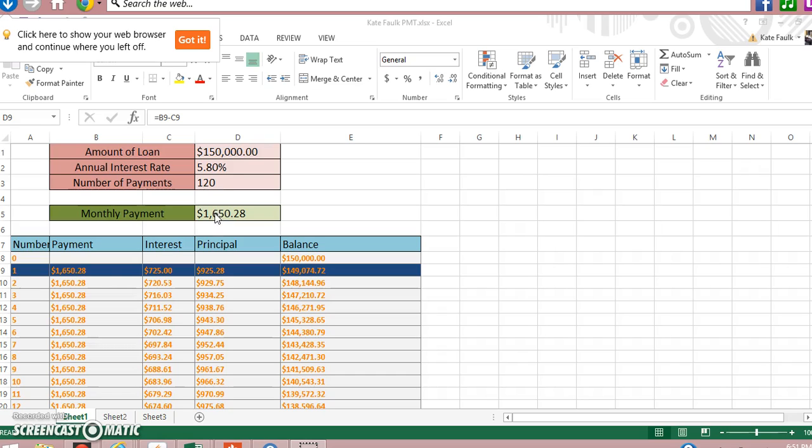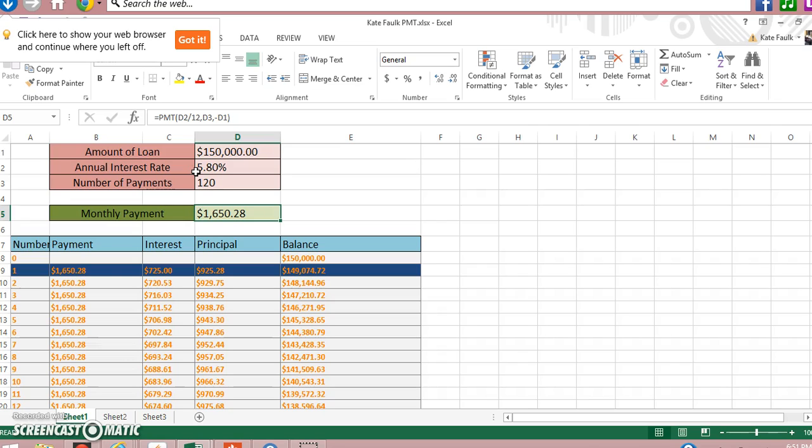To get my monthly payment, whenever I click on it, it'll show you that I used the PMT equation. The PMT equation uses the rate, which is the annual interest rate, and we're going to divide that by 12 because it's an annual interest rate.